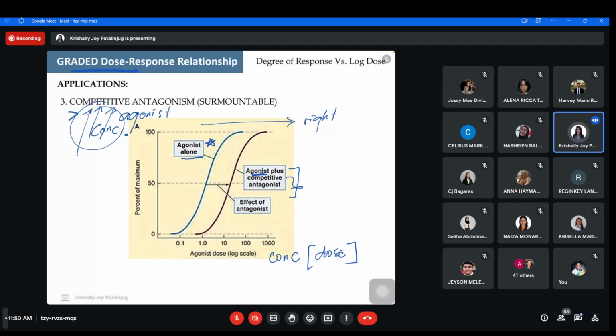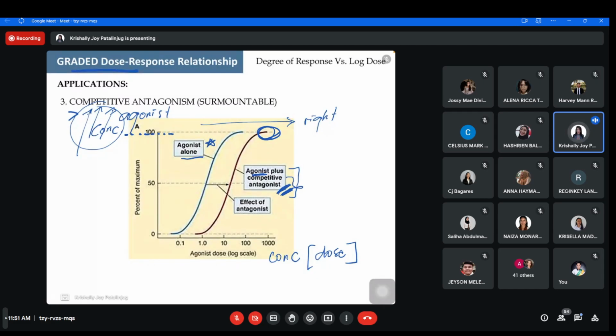And look at the efficacy. Upon increasing the dose of the agonist, when it is combined with the antagonist, it surmounted the effect of the antagonist. Kaya it still attain the response for the agonist. It still attains the agonistic response.